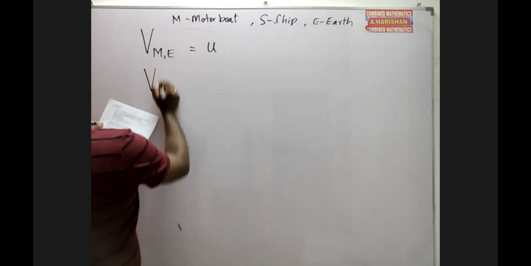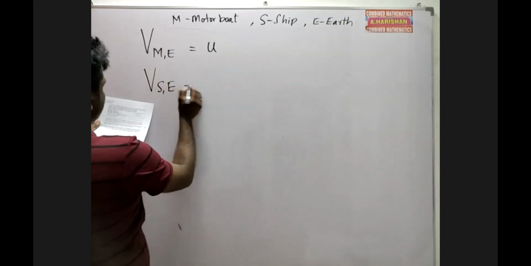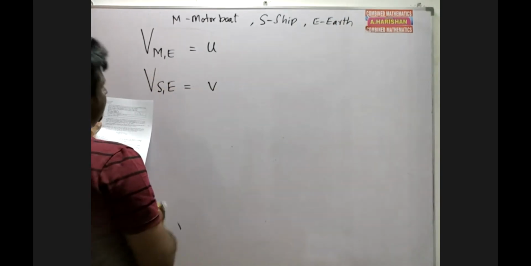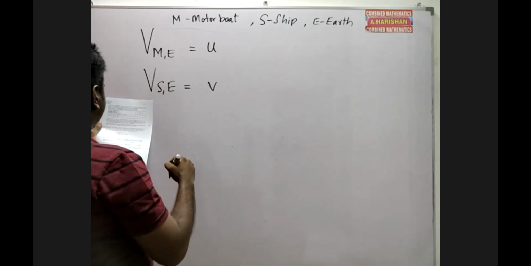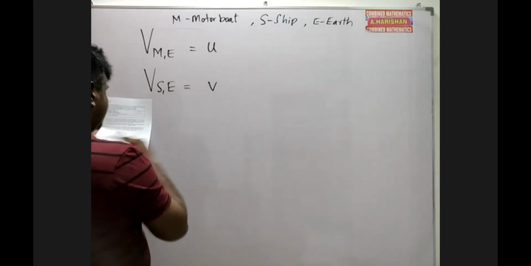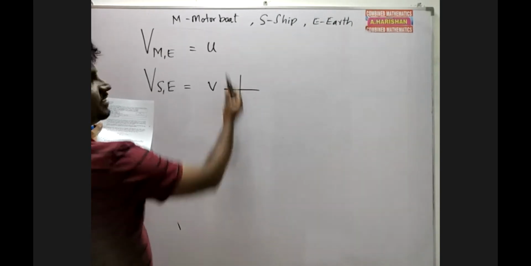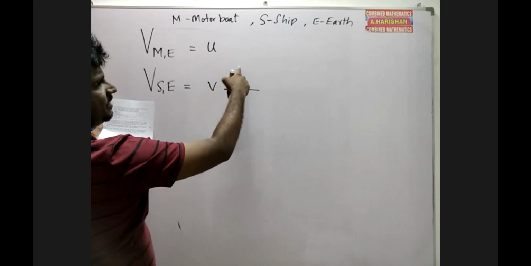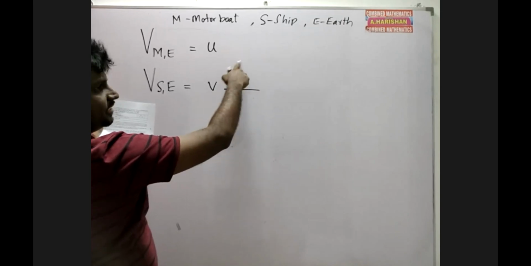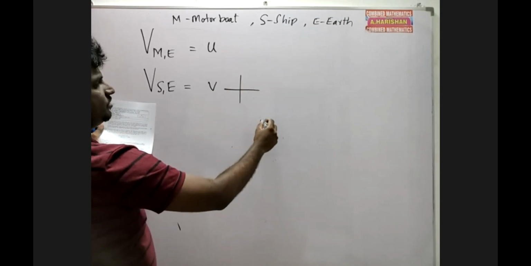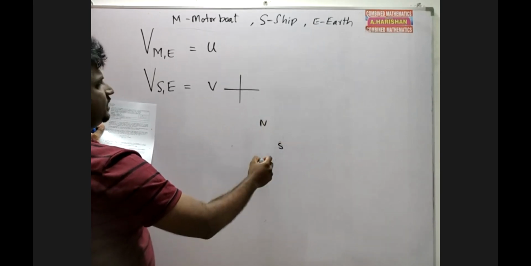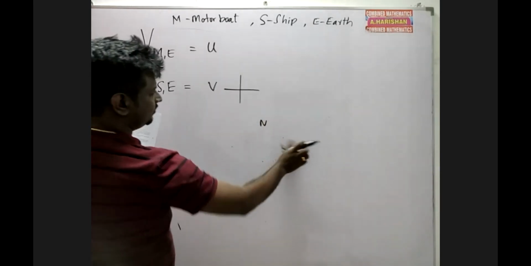So then the ship's velocity according to the Earth, that is V. Okay. In the northwest direction, the constant velocity in the northwest direction. See, this is west. This is north. This is south. No, not south.